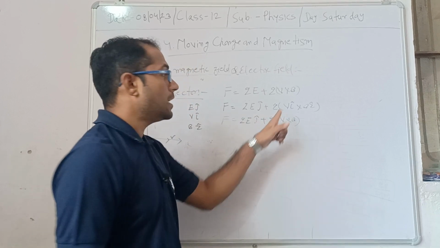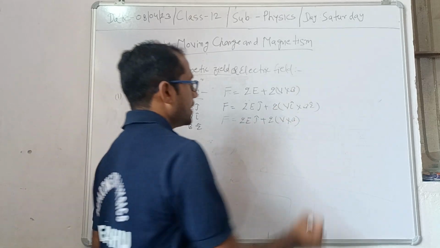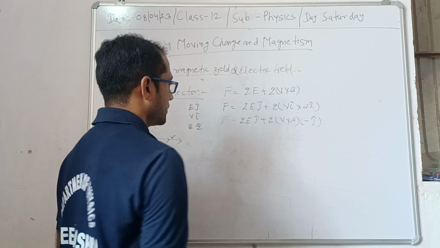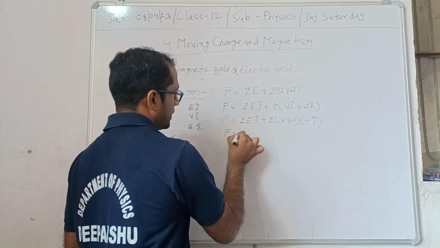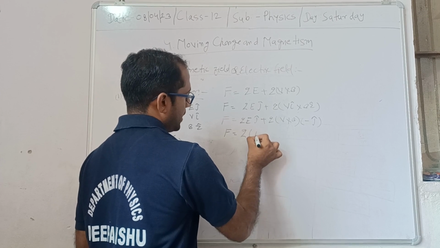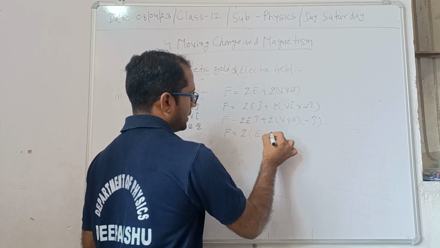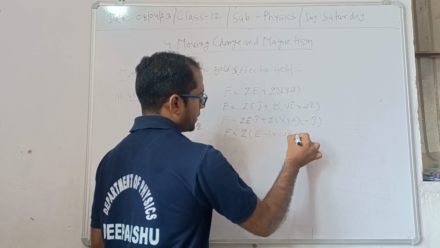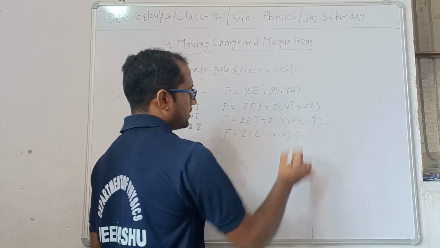If we multiply i cap into z cap, we get minus j cap. This is the vector multiplication. Then if we take Q common, we get E minus V B common, with minus j cap.